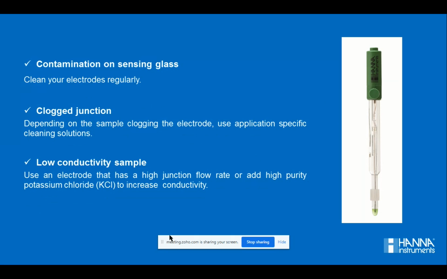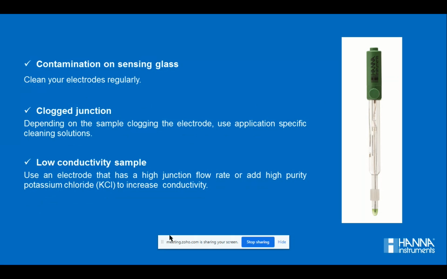So you can follow a protocol that you clean your electrode with the cleaning solution after you complete your measurements. At the end of the day, when you have completed all the pH measurements, just keep your electrode in cleaning solution for say 10 minutes, according to the cleaning solution that you are using.